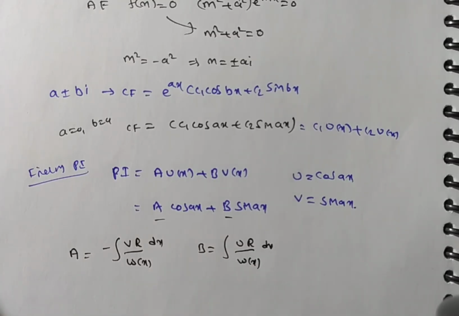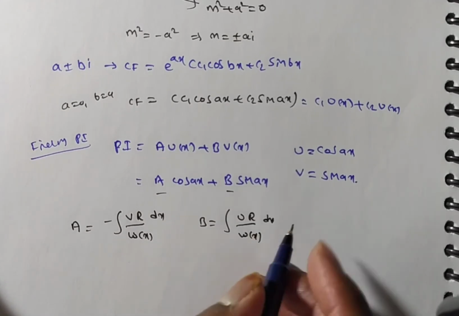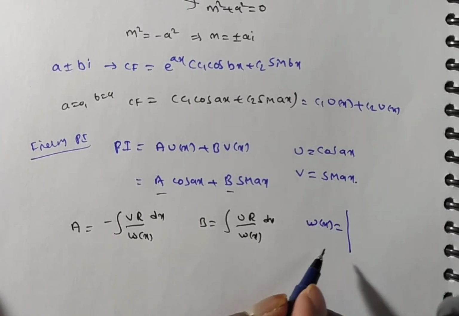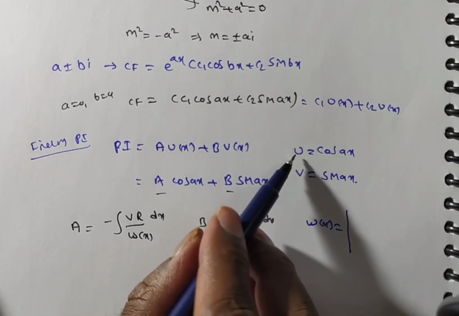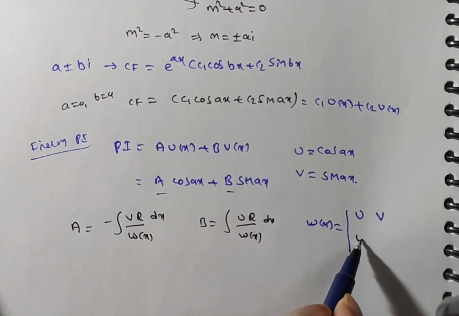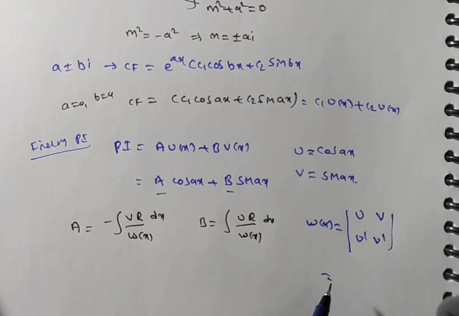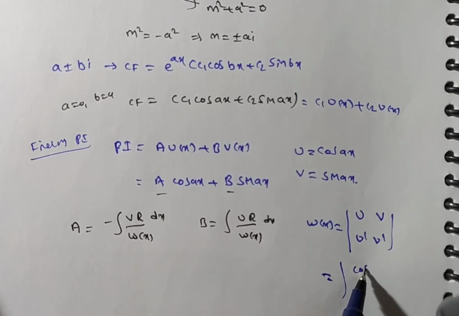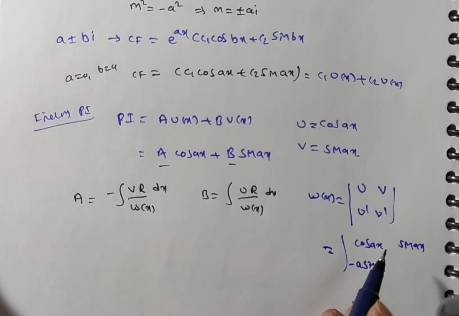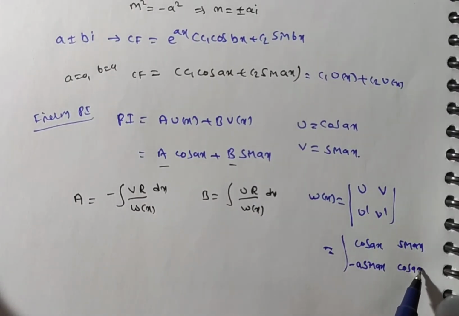Now we have to find w of x. What is w of x? It is called the Wronskian of the independent functions u and v. It is the determinant of u, v, u dash, v dash, where u is cos ax, v is sin ax, u dash is minus a sin ax, and v dash, the derivative of sin ax, is cos ax into a.